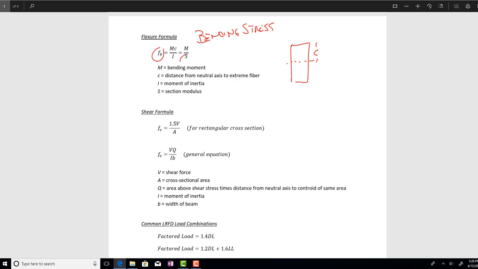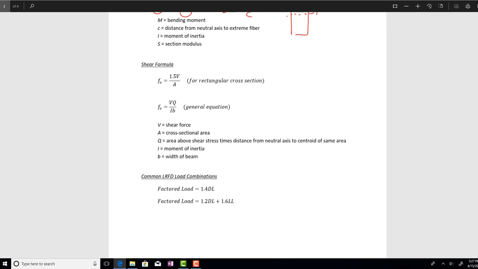The section modulus is just a fancy shortcut that we use to reduce where it is equal to the moment of inertia divided by that distance from the neutral axis to the extreme fiber. And so typically you're going to pull the moment of inertia or the section modulus from one of the tables in the appendices. But I've included both equations here in case you want to deal with both of those.